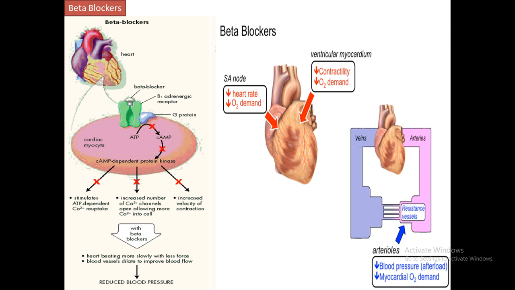Then beta blocker. Here you can see that in the heart basically beta 1 receptors are present. When adrenaline, noradrenaline, catecholamine bind to this beta receptor, that will activate ATP to the cAMP second messenger, which will activate the cAMP dependent protein kinase and stimulate ATP dependent calcium reuptake, increase the number of calcium channel openings, allowing more calcium to enter inside the cell, and increase the velocity of the contraction.